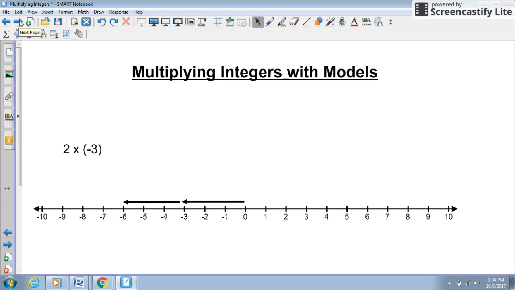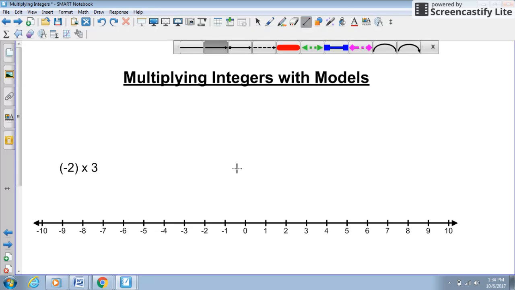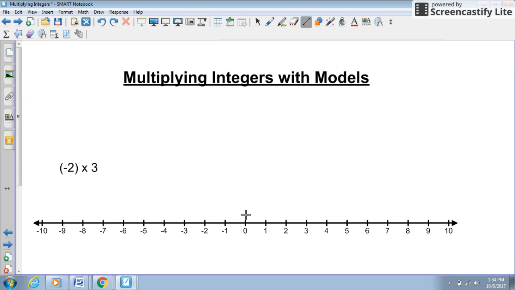Alright, one more model before the rule. Let's do another example. So here we have the negative number listed first. So we know our number of groups has to be the positive number. So we're going to have 3 groups, and we have 3 groups of -2. So I'm just going to start at 0, going to go -2. So I'm going to stop at the -2 first. That's one group.